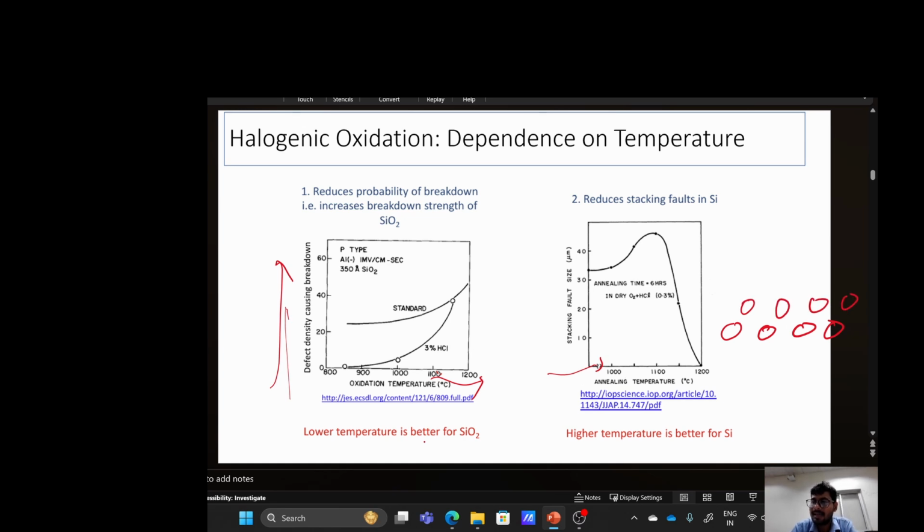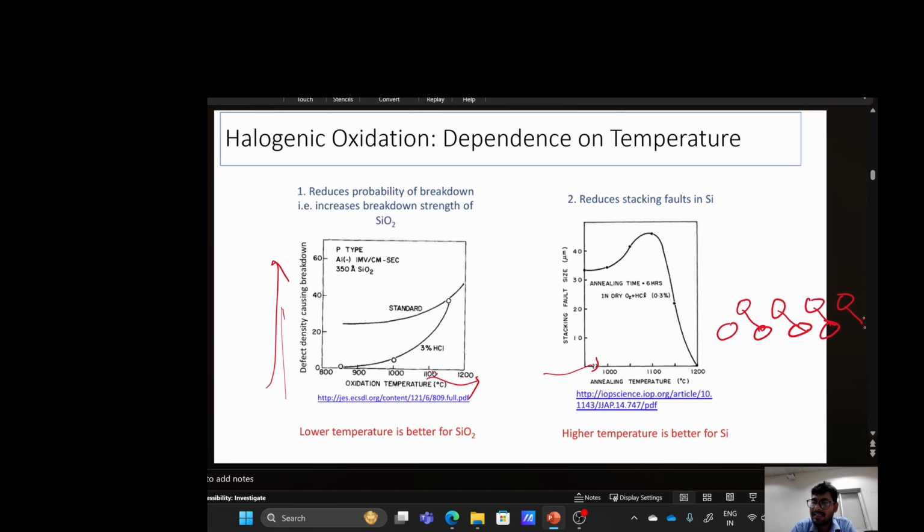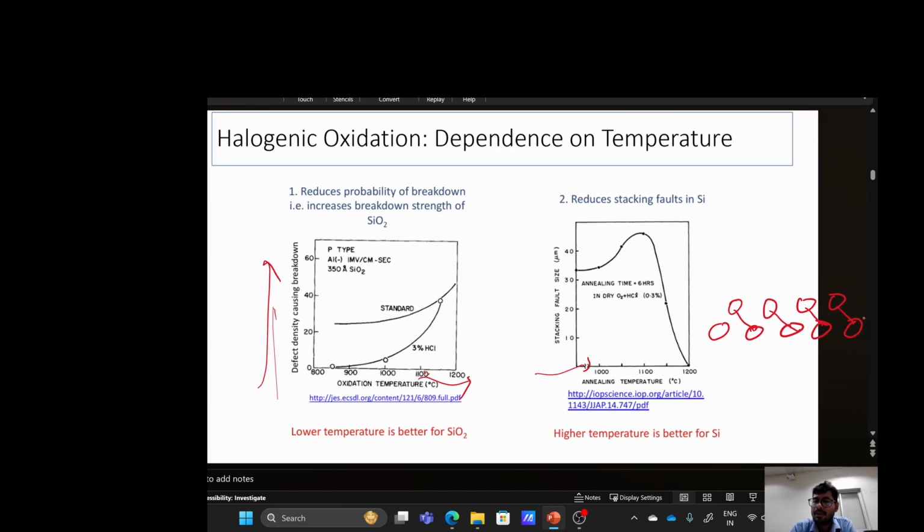These atoms are connected like this, and in this one they are connected like this. They are well stacked, but if in the next layer the atoms are connected differently, there is a stacking fault between these two layers.